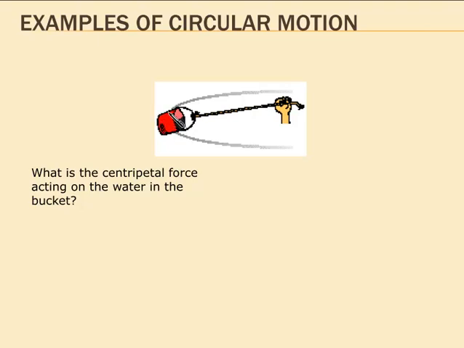So the bottom of this pail is pushing the water around in a circle. So whenever there's circular motion, there is always some centripetal force, which could be a single force or the resultant of different forces, and that centripetal force will always act towards the center of the circle.